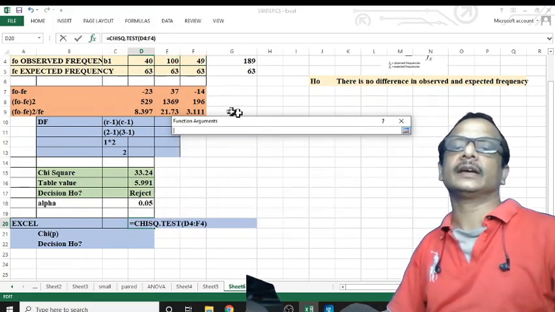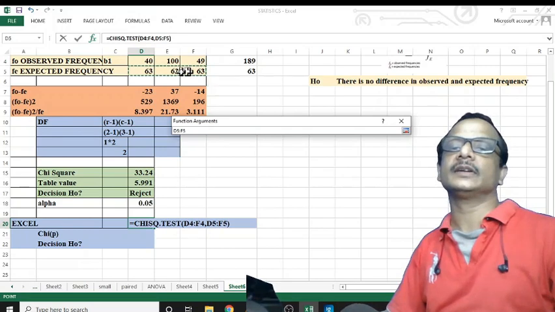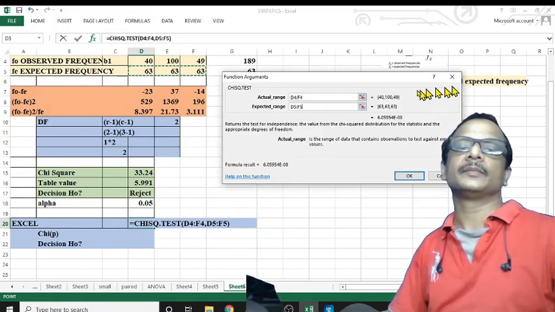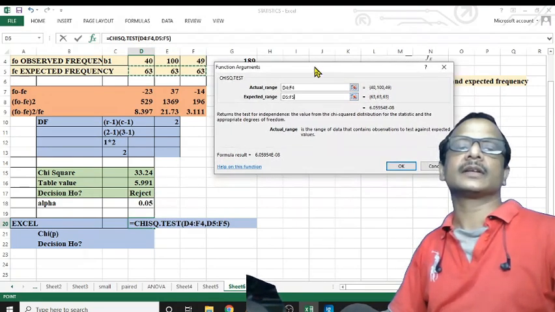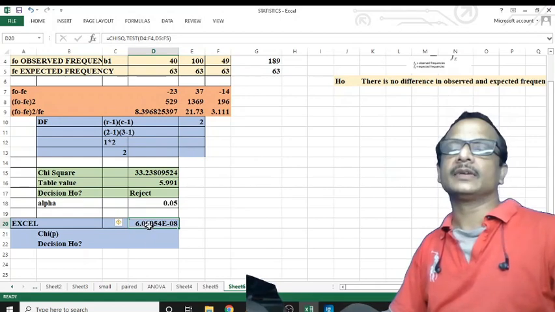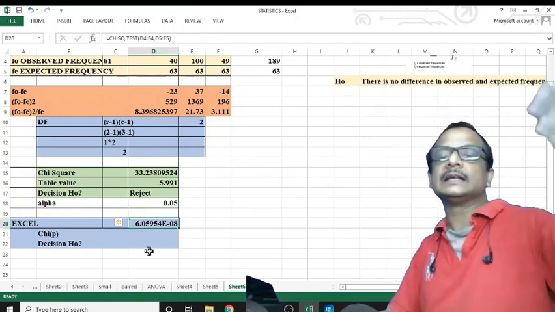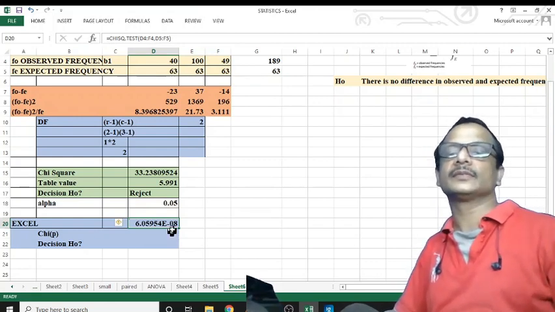Then select the expected range. Here it is calculated. This is the expected range. And again go back. And here just click on this particular button, OK. And here we can obtain 6.05 e raised to minus 10.